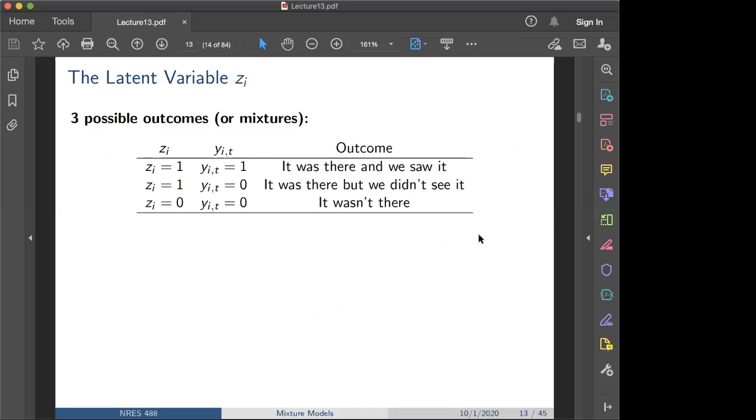All right, so here are those 3 possible outcomes and what they look like for our data. Remember, our data are what we see. If it was there and we saw it, Yit equals 1, and then we know Zi equals 1. Notice I'm distinguishing the subscripts on here. These are closed population models.